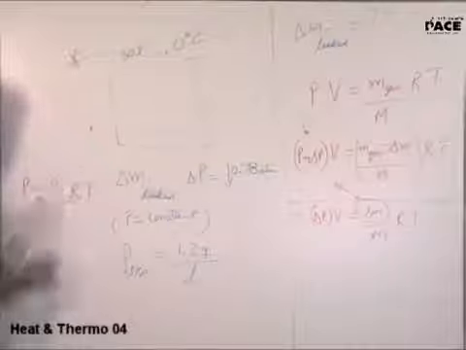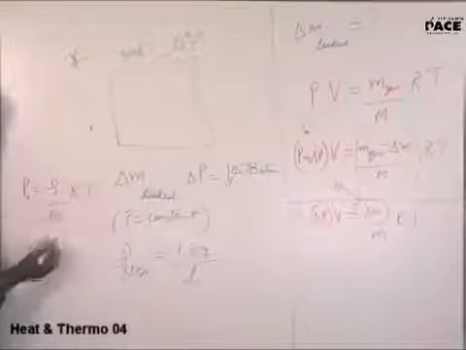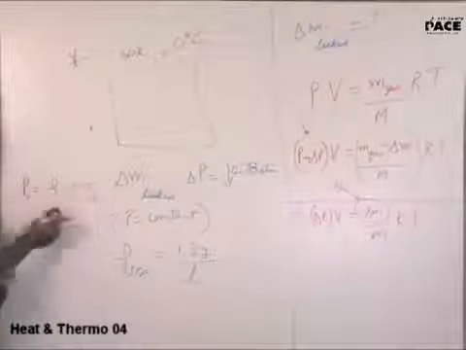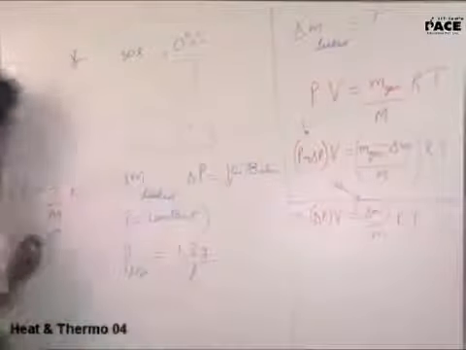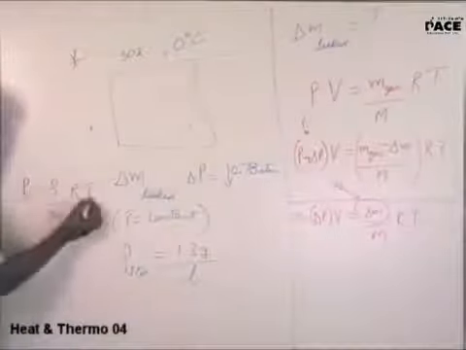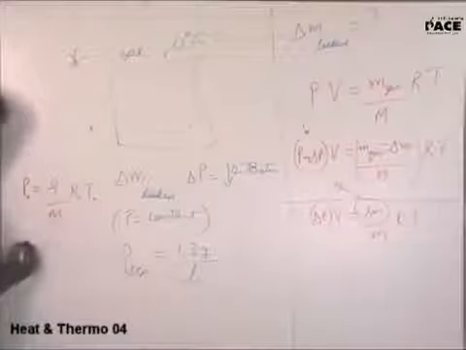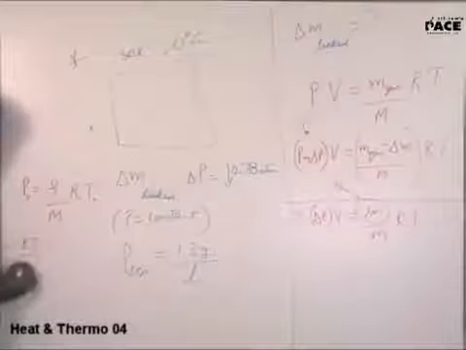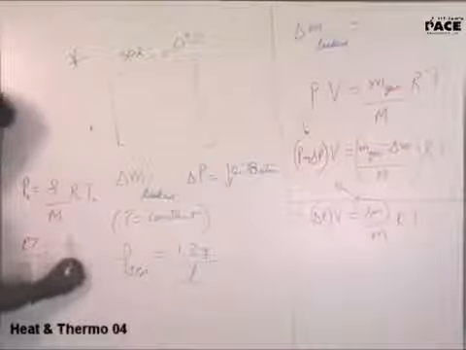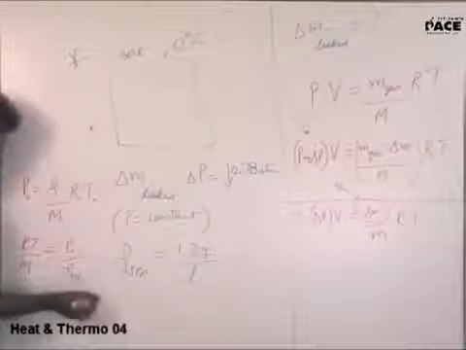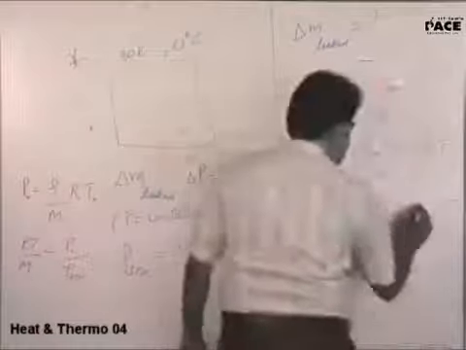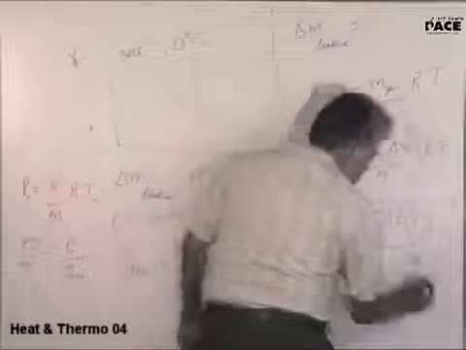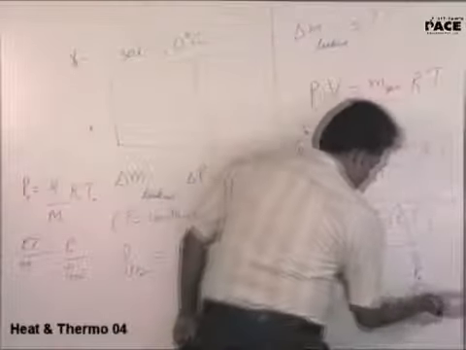We do not know which gas it is, but we know that RT by M is, at 0 degree centigrade, P naught by rho STP. So we can replace this by the definition, P naught by rho STP.